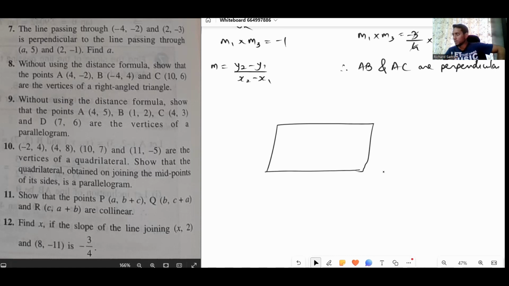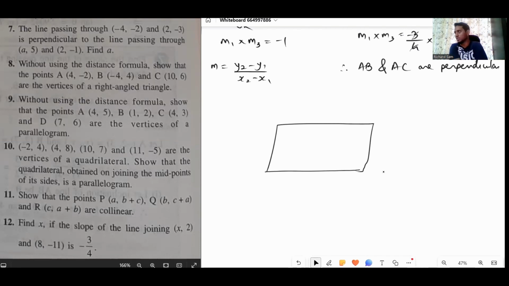Do you know the shape is called a parallelogram? What are the properties of a parallelogram? Opposite sides are equal. What else? It has 4 sides. Yeah, it's a quadrilateral.